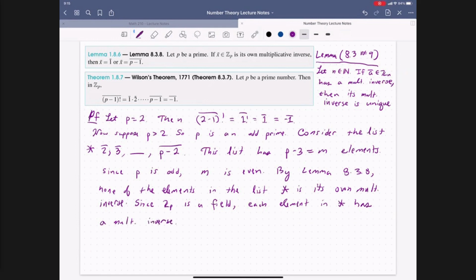And now by the lemma, which you will be proving for homework, we have that each of those multiplicative inverses are unique. So by lemma, this is the homework exercise 8.3, number 9, the multiplicative inverses are unique.